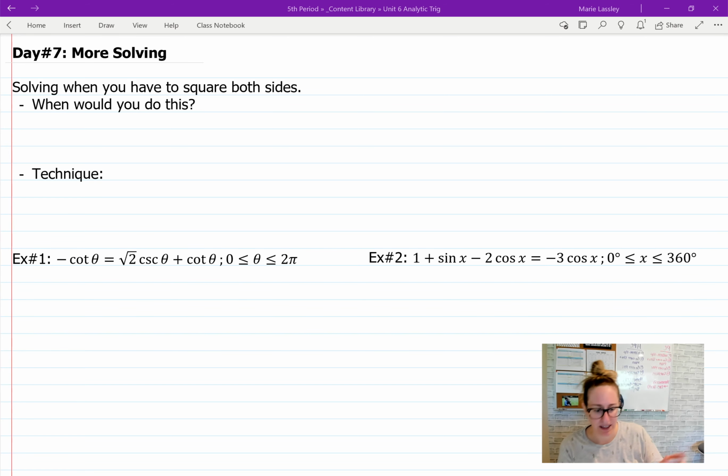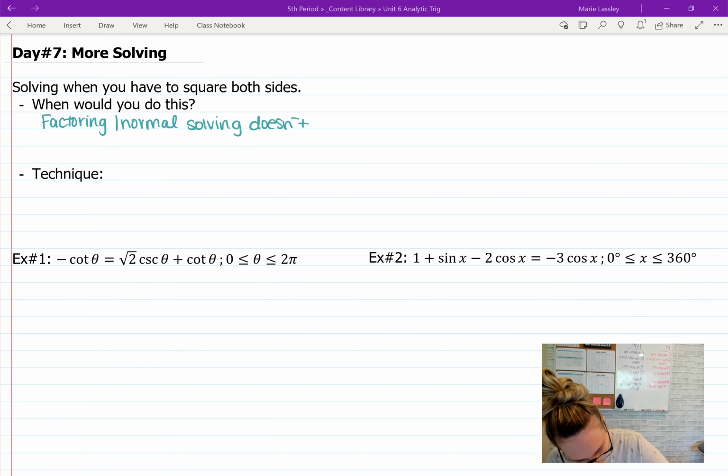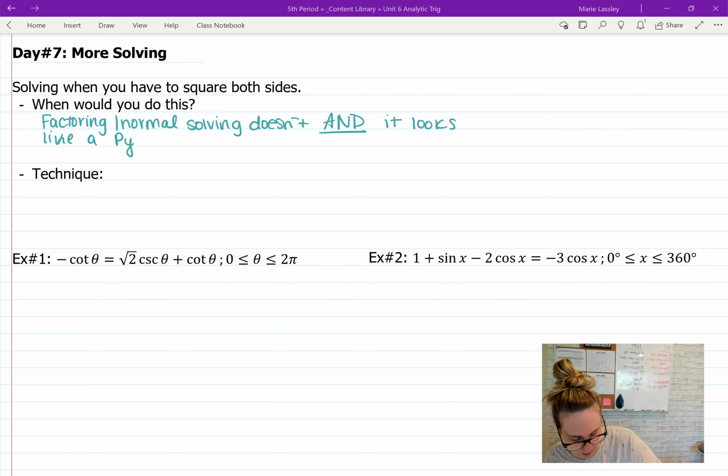If you've tried everything else, so factoring or normal solving doesn't work, you try it and it doesn't really work, and it looks like a Pythagorean identity could be used, just you don't have anything squared.